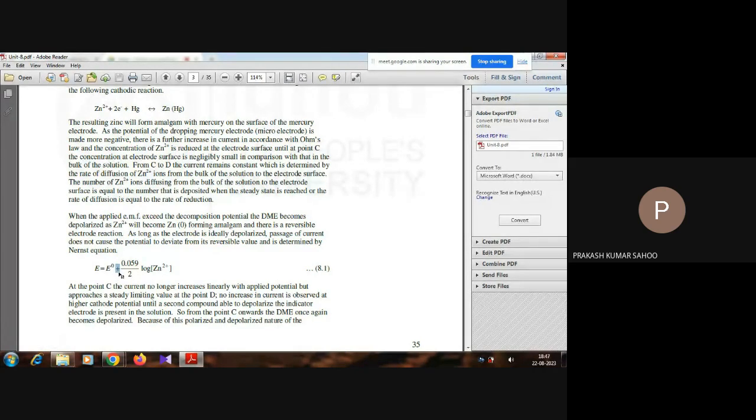As this represents the positive version of the Nernst equation, E cell equals E0, the standard reduction potential of zinc, which is minus 0.76 volt, plus 0.0591 by 2, because 2 is the number of electrons transferred here, times log of reactant by product. The reactant is zinc 2 plus concentration divided by zinc. As I already told you, any element or metal in elementary, solid or pure state has its concentration taken as 1 molar, so that is why it is divided by 1.